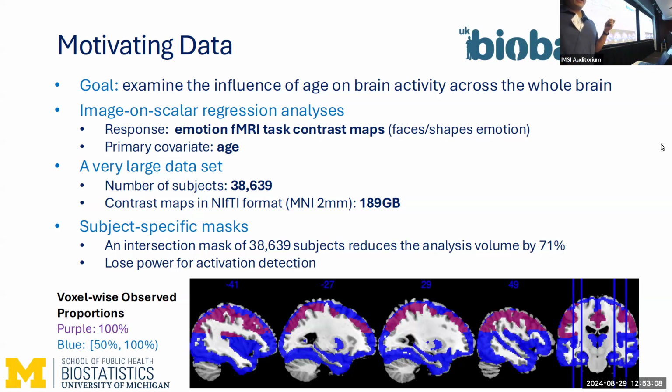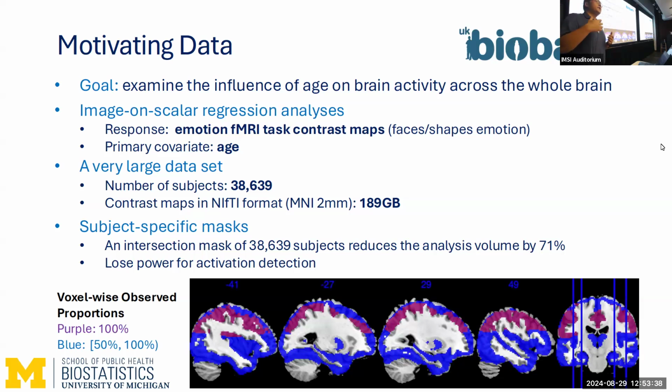Then you come up with an individual-specific mask of voxels whose values you trust as well reflecting the contrast statistics during the fMRI analysis. So when we look at the intersection mask of over 40,000 subjects, as Tom also showed this morning, only about 28% of the voxels actually have common locations.